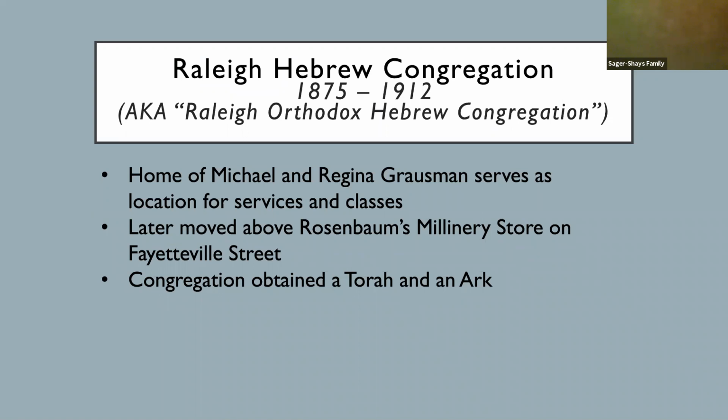And later they moved to office space above a store. Fayetteville Street was where the 2- and 3-story retail section was, and space above retail was traditionally for offices and organizations like this. And the congregation was able to have a Torah and an Ark.